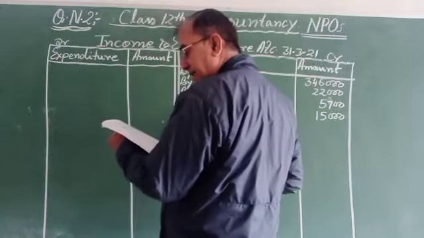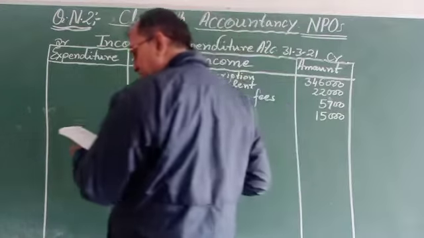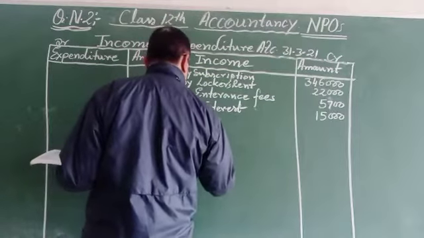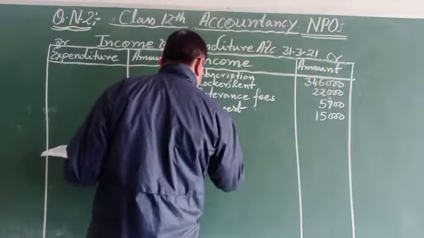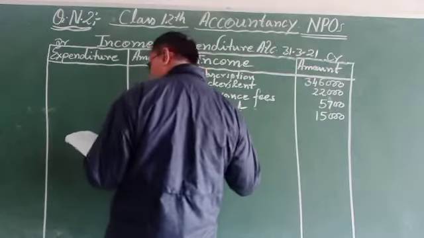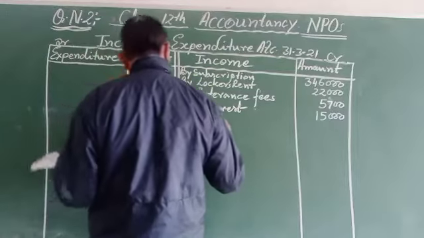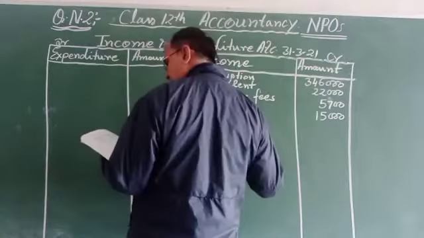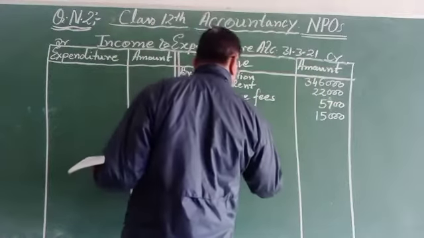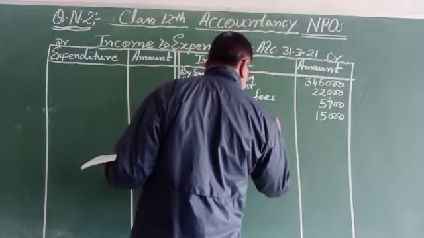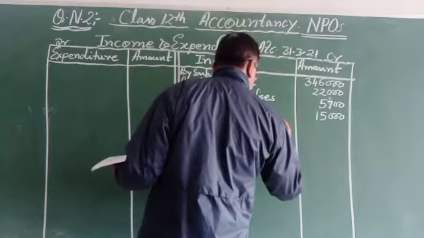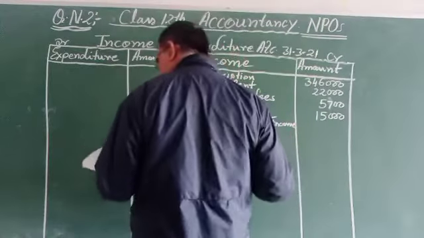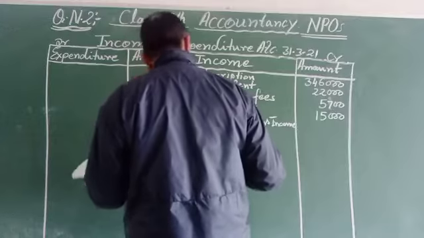And miscellaneous income is also given. So this is revenue received. Miscellaneous income, 700.